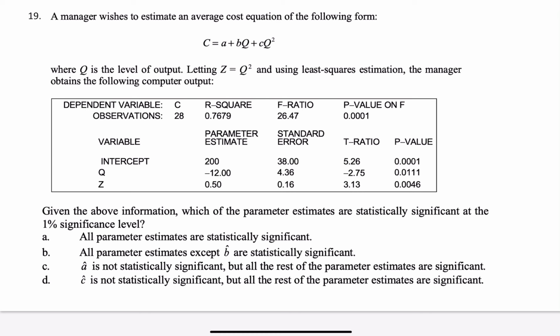19, a manager wishes to estimate an average cost function. Which of the parameter estimates are statistically significant at the 1% significance level? So we have 28 observations. We have 3 parameters that we're estimating, so there's 25 degrees of freedom, which is going to give us a 2.787 critical t-value.